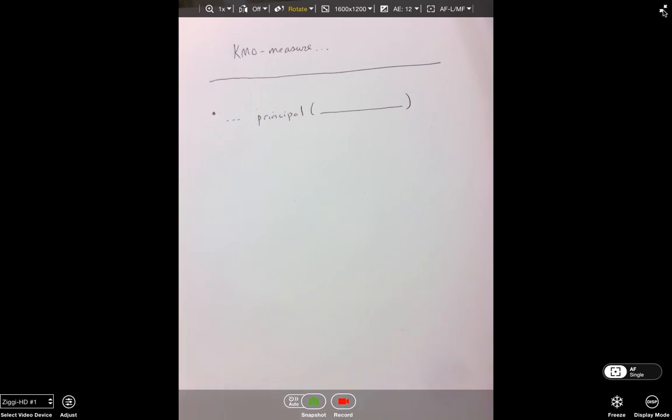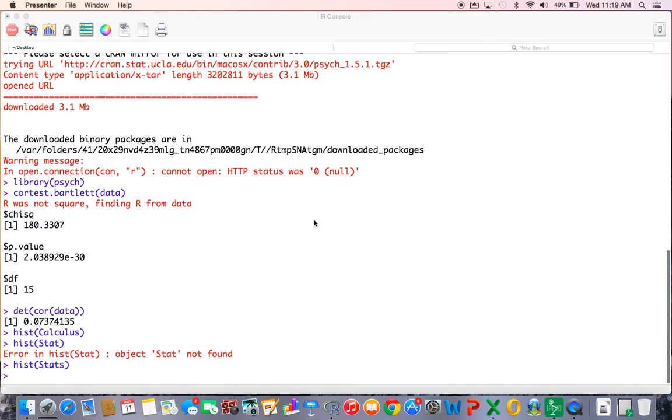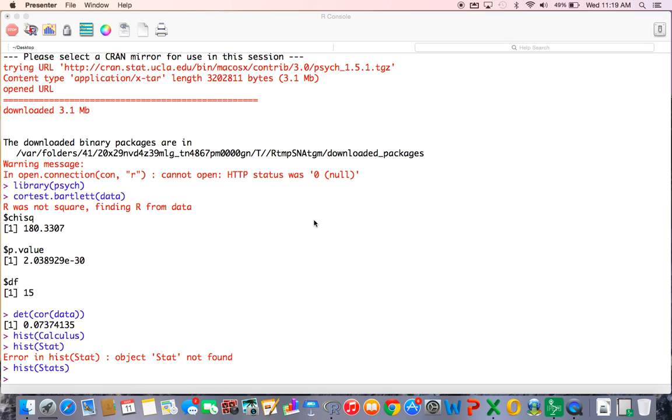So guys, I tell you what, I'm going to get out of this. Probably not going to be over here much more. Everything we're going to do from here on out, we're going to look at in R. One thing to keep in mind: this principal command requires the package psych to be installed. But if you're following along, you should have already done that.